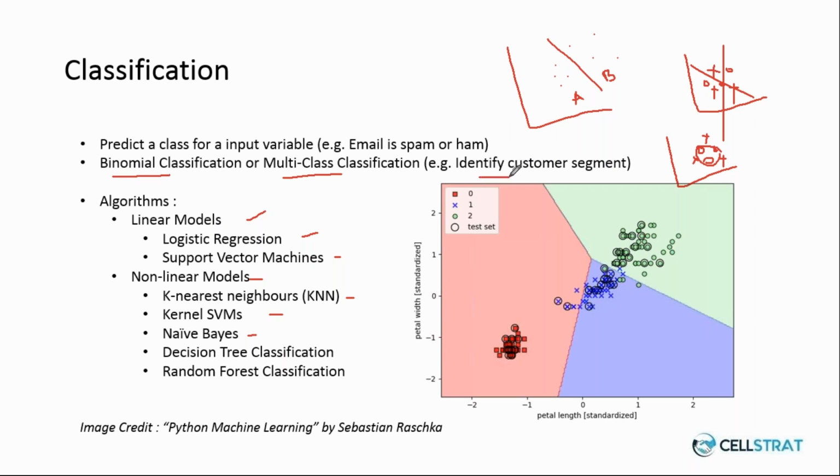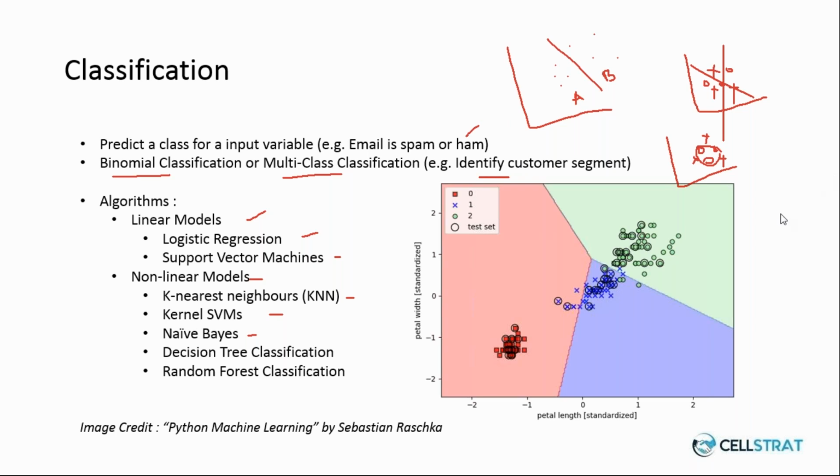For example, identifying customer segments: low income group, medium income group, high income group. LIG flats, MIG flats, HIG flats. In India, we often use this terminology for government apartments. Or if it is binomial, an email has two classes: spam or ham.